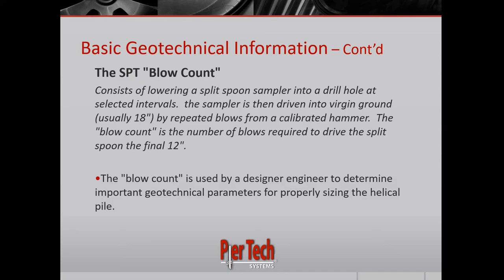Also, sometimes you have a very weak soil with a single-digit blow count, and then all of a sudden it gets into a really stiff, hard material or bedrock that's greater than 50 blow count. The pile can spin out or cavitate, stop advancement, and just rotate on that material. Then you'll have to adjust the down pressure to get it to rebite into the soil before it'll continue to thread in.